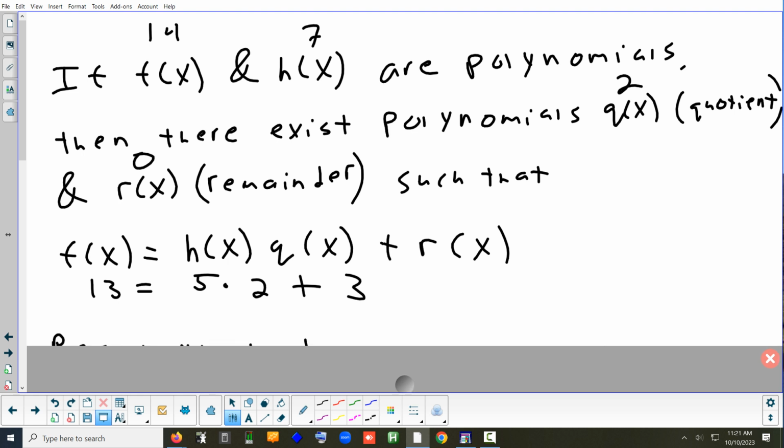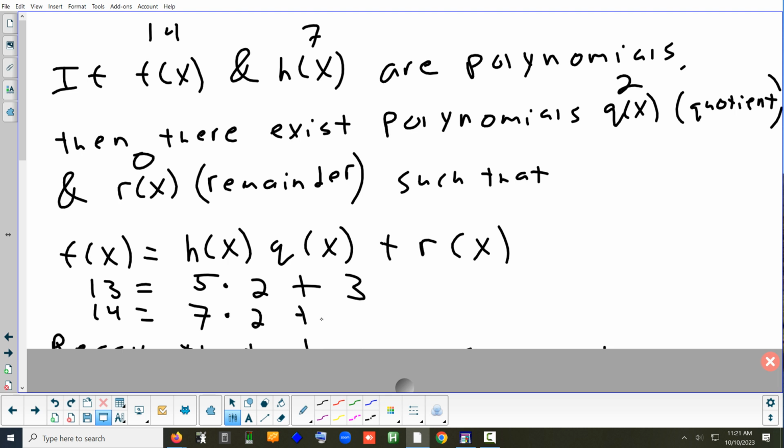So now let's check and see if it works. 14 should equal 7 times my quotient plus my remainder. Yeah. So this formula works all the time, no matter what quotient and what remainder you get.